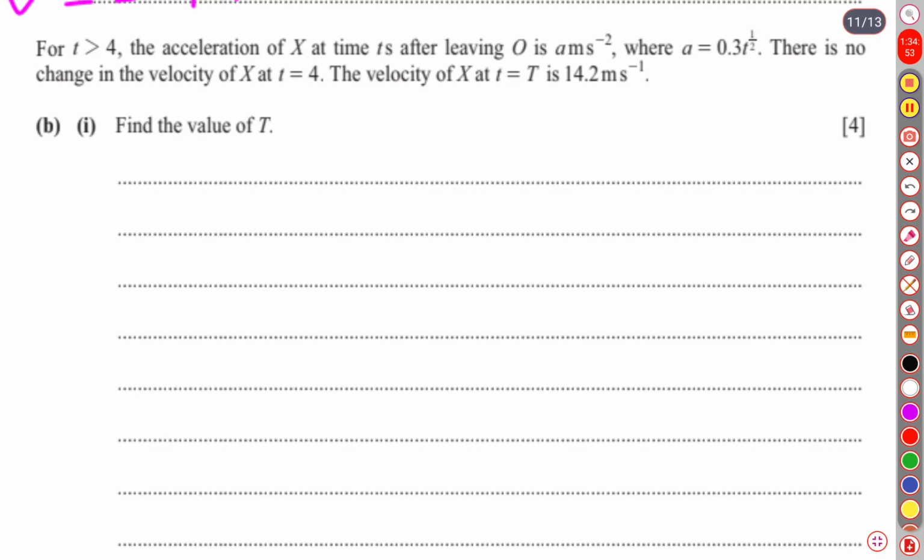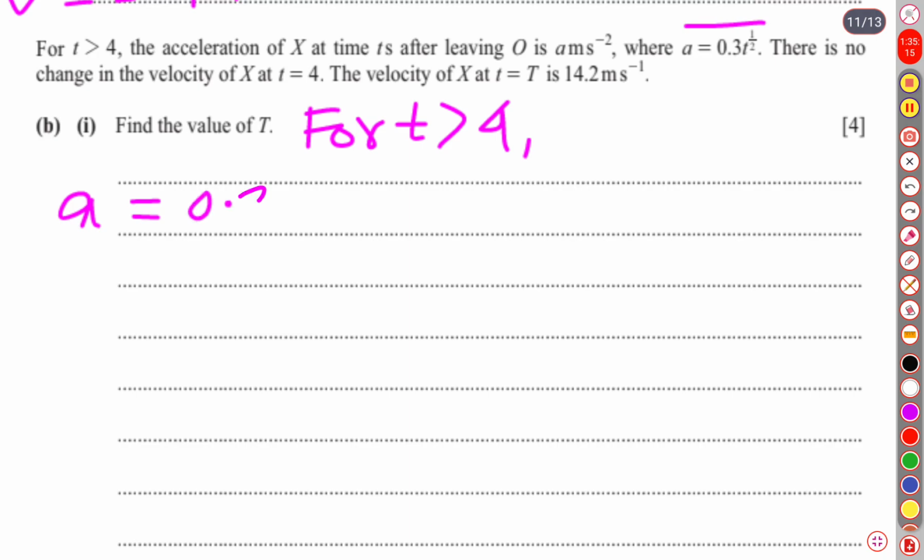Well, so first of all, let us write, for t greater than 4, this is for the second phase. Our acceleration is given. What is the acceleration given? 0.3t raised to half, which means square root of t.